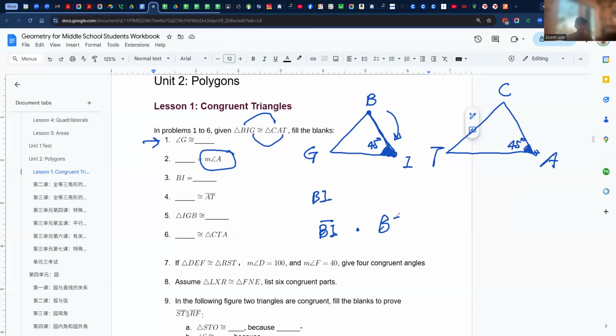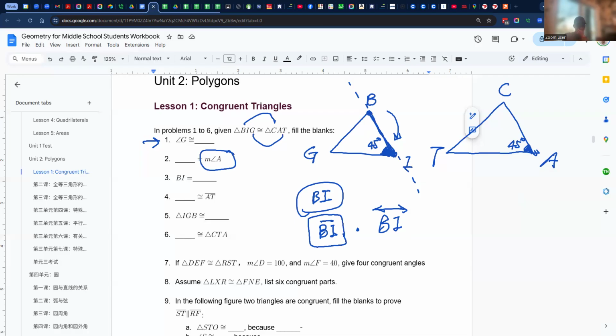Sometimes we can write BI like this, that means a line, which goes through B and I. So that's the difference between three different ways of writing it. But here we write BI, that means the length of this line segment. Basically, what's the measure of the line segment?